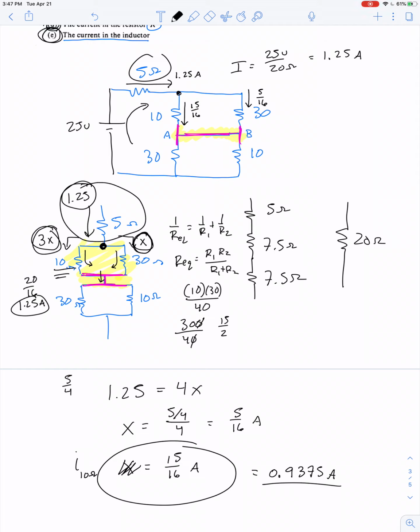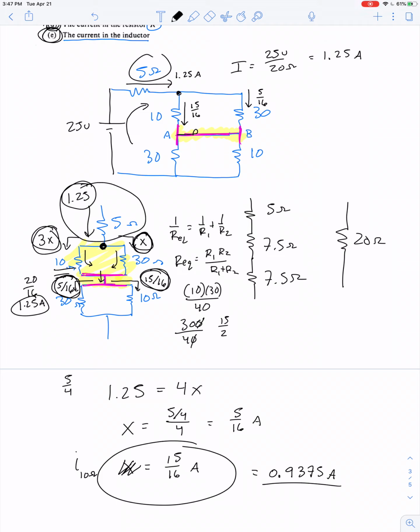And then it's going to split up again in the same ratio, except here we get the 15/16 on the right and the 5/16 on the left. Are you keeping up with my writing?